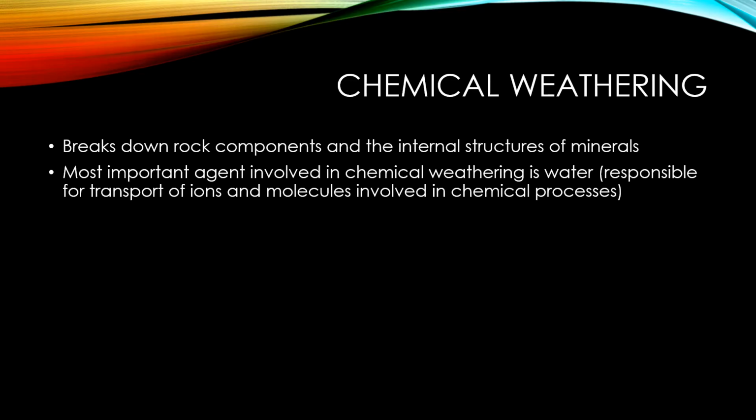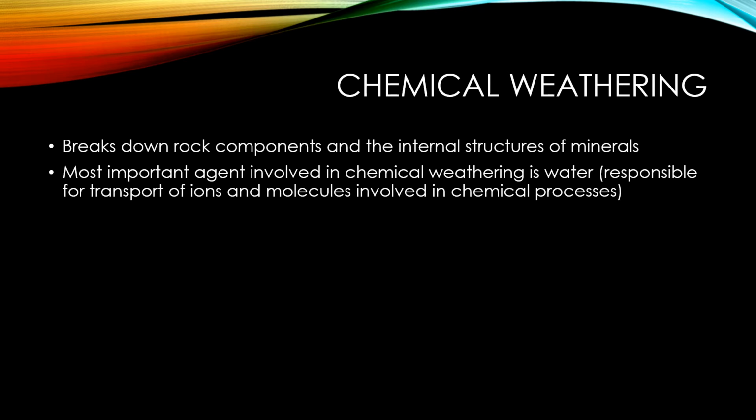So now I'm going to move on to chemical weathering and talk about some common types of chemical weathering and how they impact the Earth's surface and near surface. So again, chemical weathering breaks down rock components and the internal structures of minerals by changing the chemical composition of the rocks themselves.